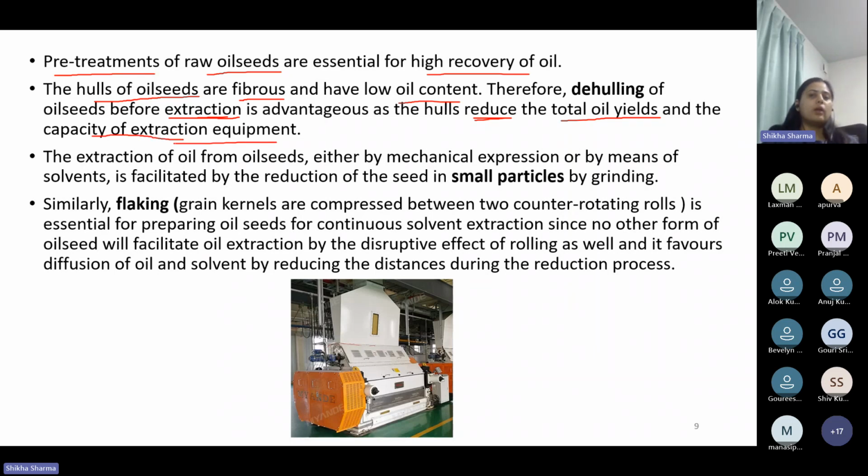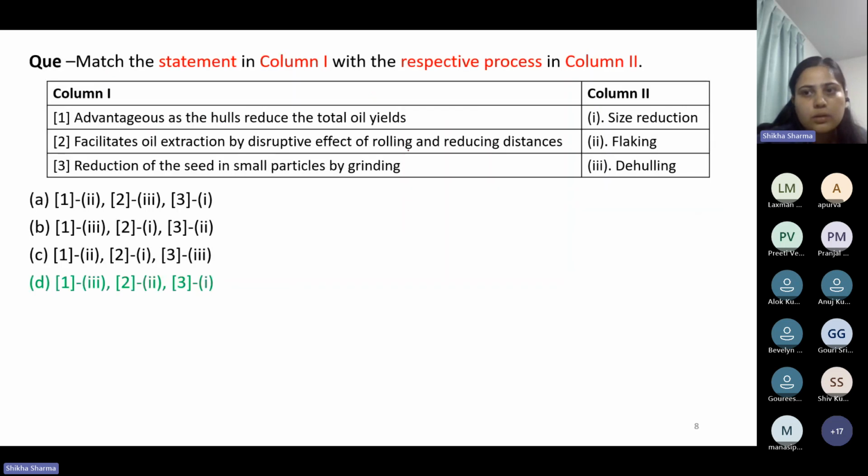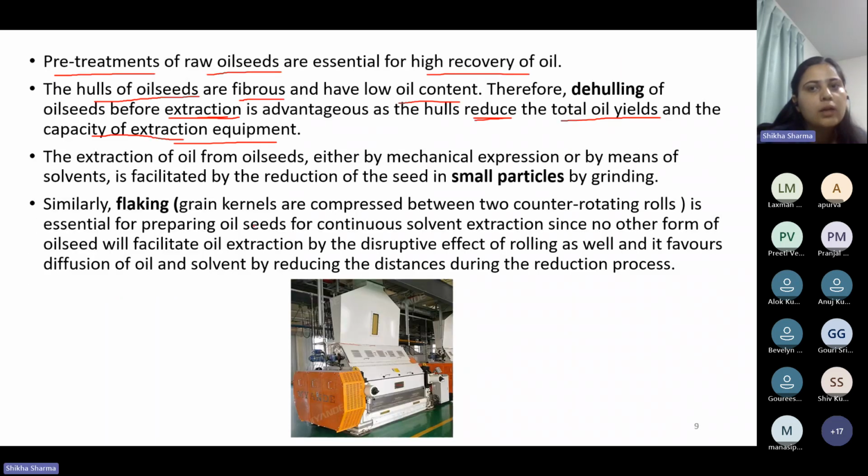If we do not remove the hull, we will have more fiber and less oil. Also, this fiber can hamper the oil extraction yield. So dehulling is related to the first, which is advantages as the hull reduces the total oil yield.